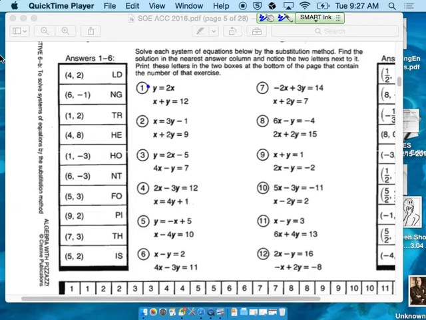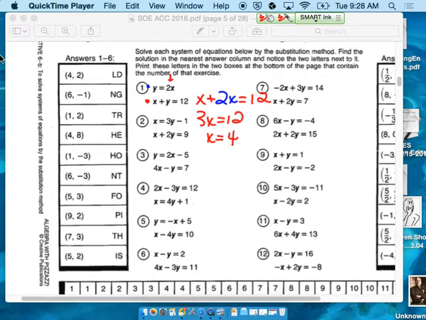I'm going to take the first equation and substitute the y in the second equation with the value that appears in the first equation. So I have x plus, and I will make the y 2x, and I'll do it in blue so you can see what's happening, equaling 12.